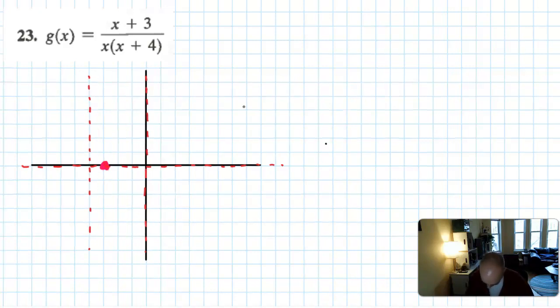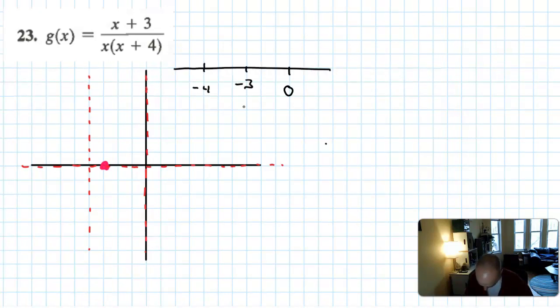And let's do a little sign chart to figure out where everything's going to be. So we need to put negative 4, negative 3, and 0 onto the sign chart. To the left, that's going to be net negative. Then we're going to have a positive. Then we'll have a positive, negative.